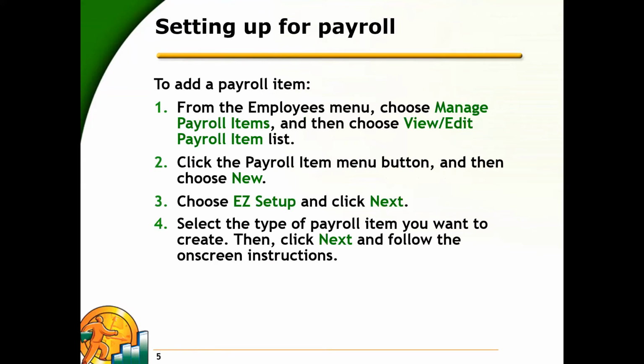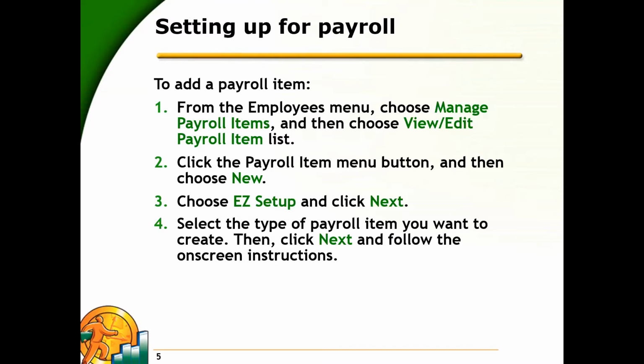Okay, so let's talk about the actual process of setting up payroll within QuickBooks itself. There are certain key pieces of information that you're going to have to get from your new employee to get it set up. QuickBooks has made it as easy as possible for you to add these employees into the system and add them to your payroll processing moving forward. As the slide states, we're going to click to add a payroll item.